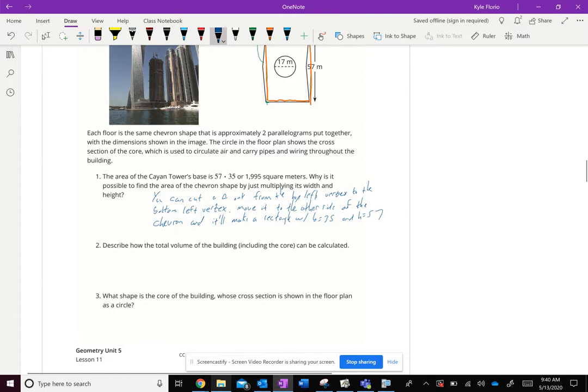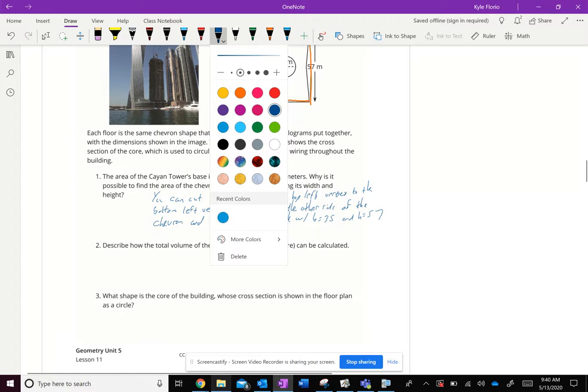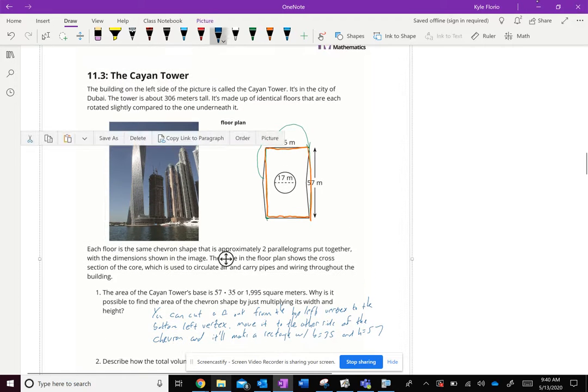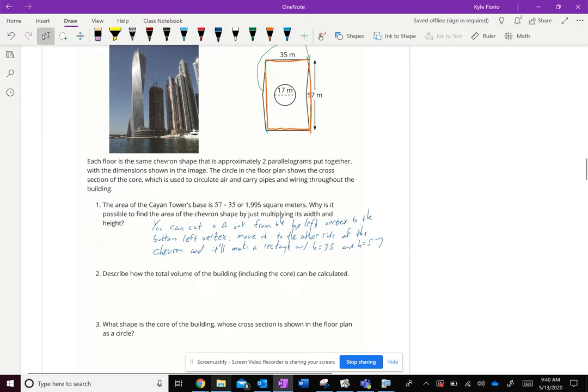describe how the total volume of the building can be calculated. Well, that's going to be easy. Once we know the area of the base, they told us that the height was 306. So take the area of the base, and they told us it's 1995.